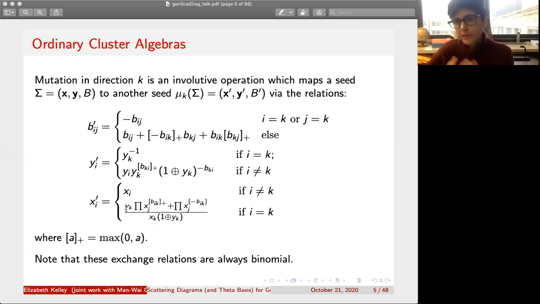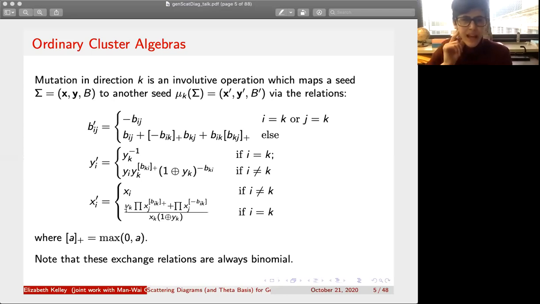So it's an involution, and it's completely well-defined. Like if you apply mutation in one direction to a seed, there's a certain other seed that you always get. And you can completely explore the cluster algebra by iteratively mutating in lots of different directions. And how many mutations that takes depends on the type of cluster algebra and all sorts of fun combinatorial questions like that you could ask yourself.